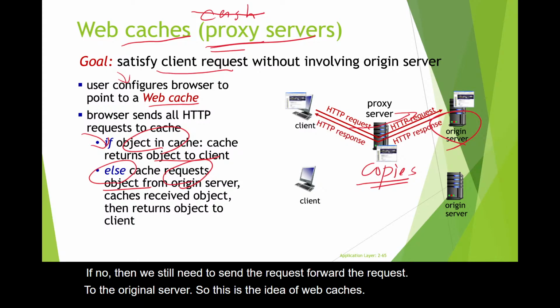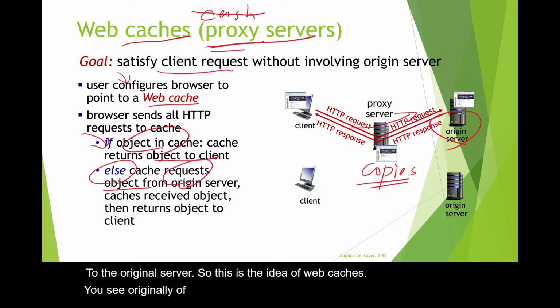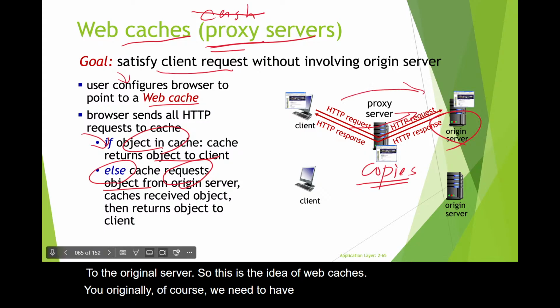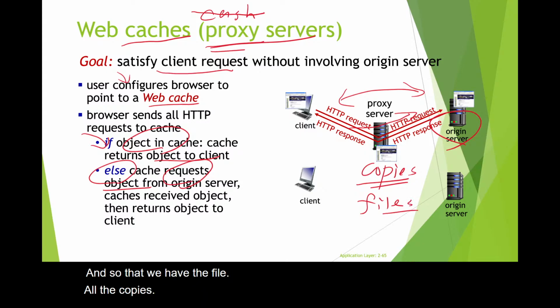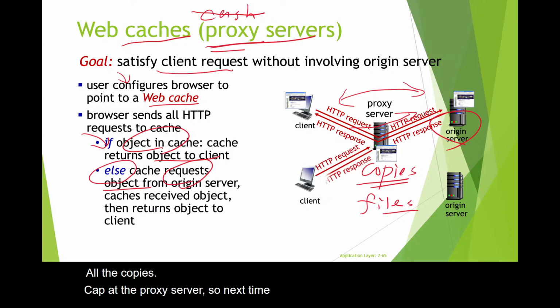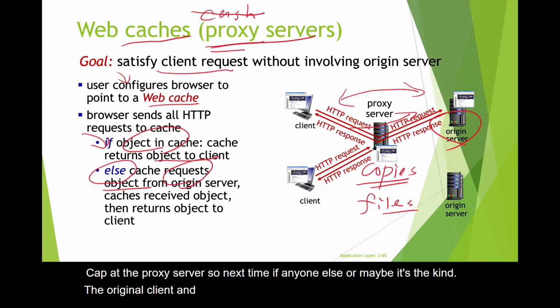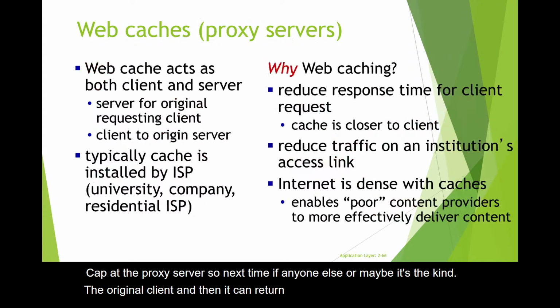Originally, of course, we need to have the transaction, so that the file or copies are kept at the proxy server. So next time, if anyone else, or maybe the original client, requests it, it can return the copies to the client.